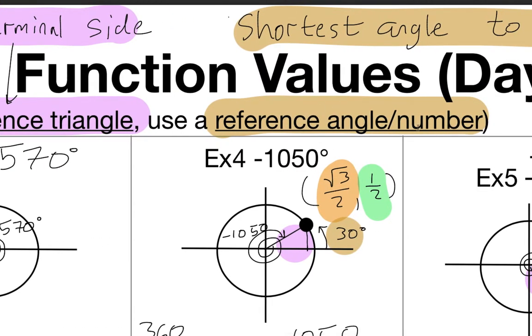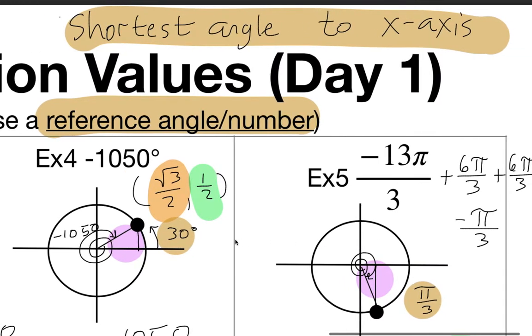What's the reference angle or number? They might give you, say, negative 1050, and what you've got to do is somehow convert negative 1050 into the shortest angle to the x-axis. So the shortest angle to the x-axis goes from here, it's 30 degrees. It's the angle of the reference triangle.